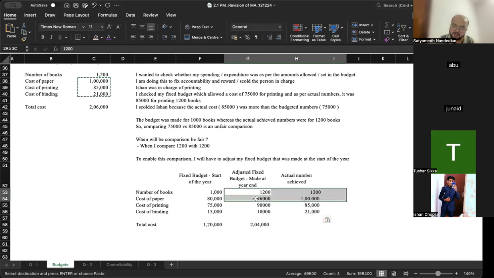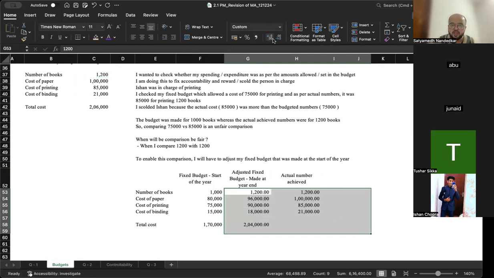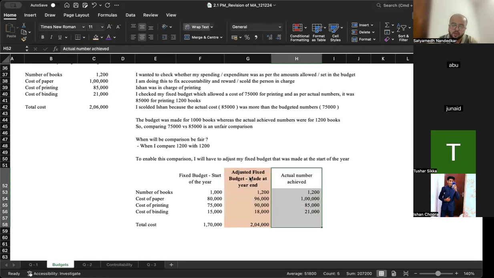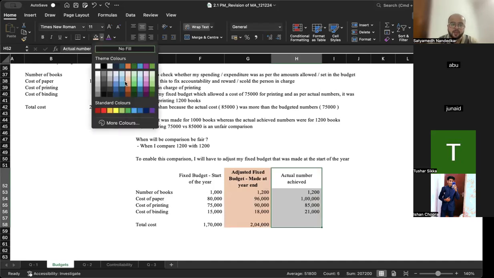Now, the comparison that I'm trying to make is a like for like comparison. Which are the two columns I'm trying to compare now? I'm trying to compare the adjusted fixed budget made at year end, which is based on the updated values according to 1,200 units produced. So now I can do the right kind of comparison.